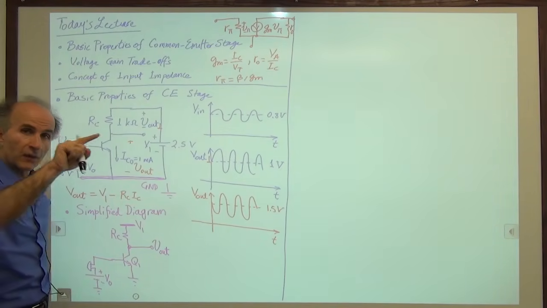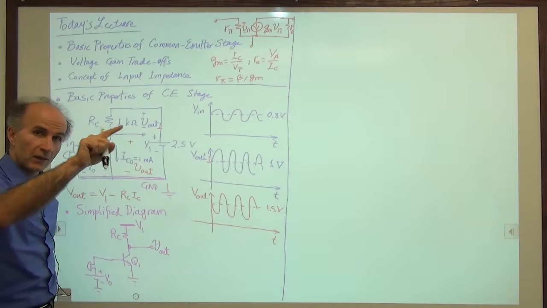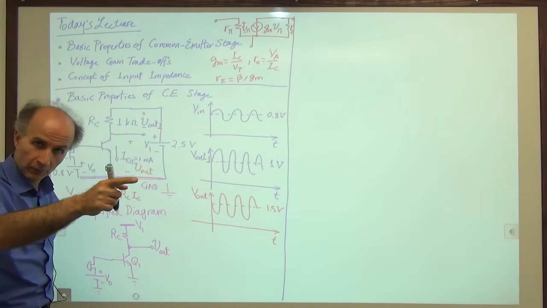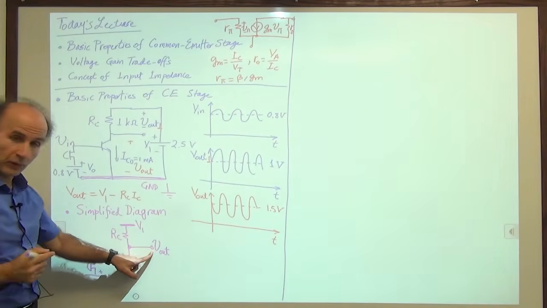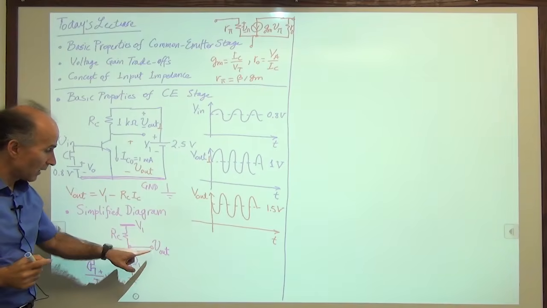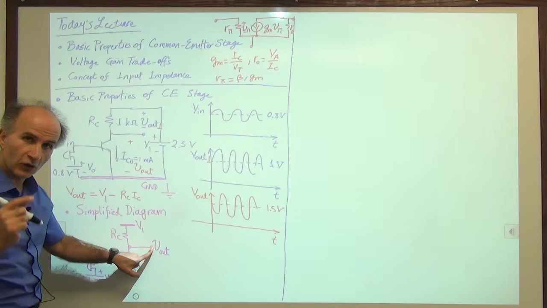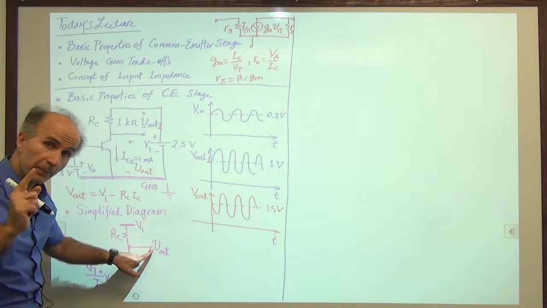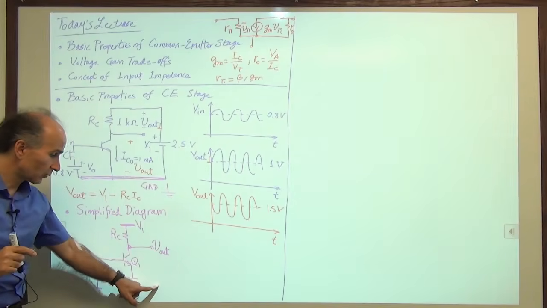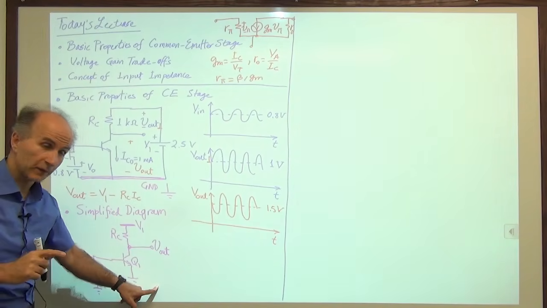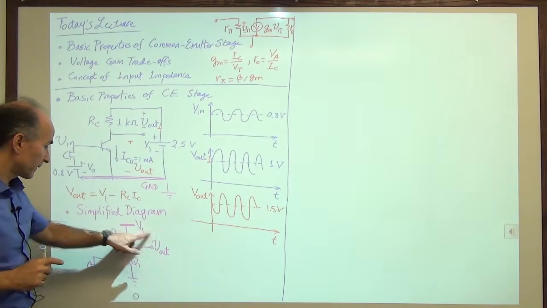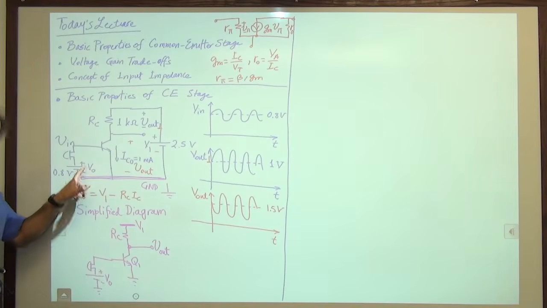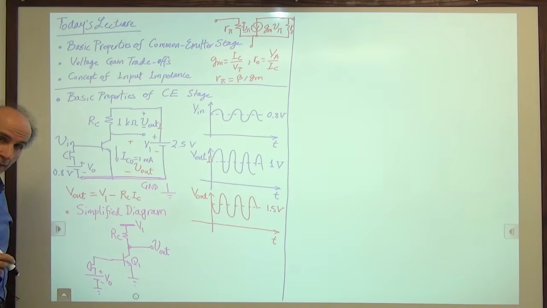We cannot say this point has a voltage. We can say this point has a voltage of 5 volts with respect to this point. So when I do this, what do I mean? By this I mean this node has a voltage of V out with respect to ground. We didn't draw the ground, but we know that it's there, just the way we had it from here to here, V out. So this is the simplified circuit of that. From now on, we will be drawing it like this. So it's very important that you remember these things.